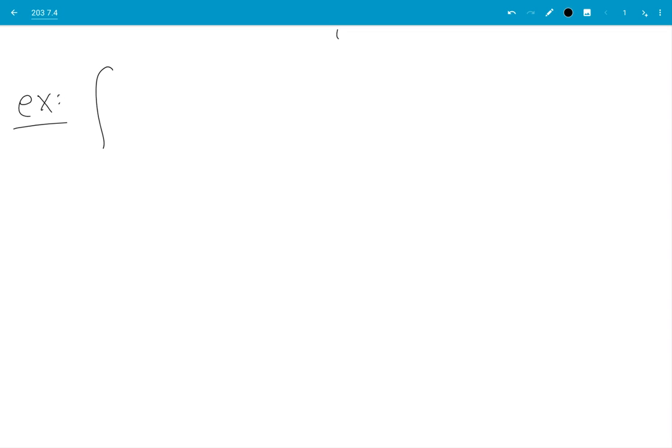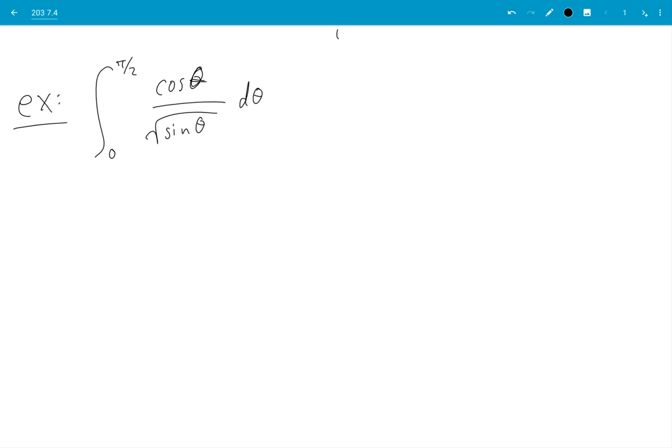Okay, sometimes the discontinuity is not so obvious. The integral from 0 to pi over 2 of cos theta d theta, all over square root sine theta. Okay, this is a tricky one, because where is the discontinuity?